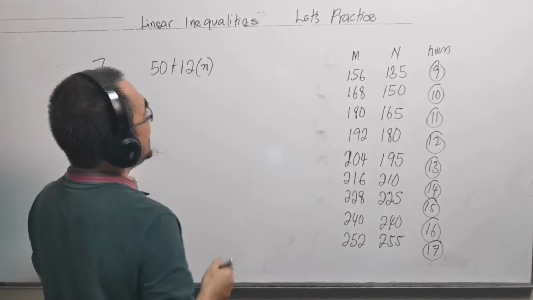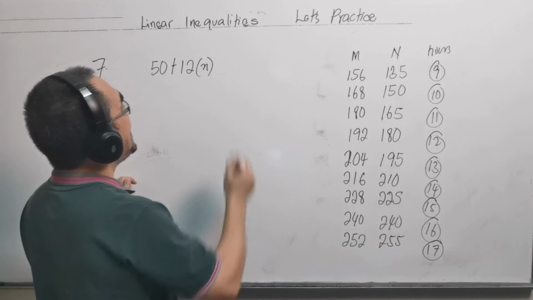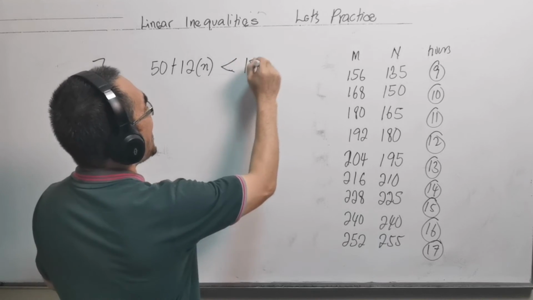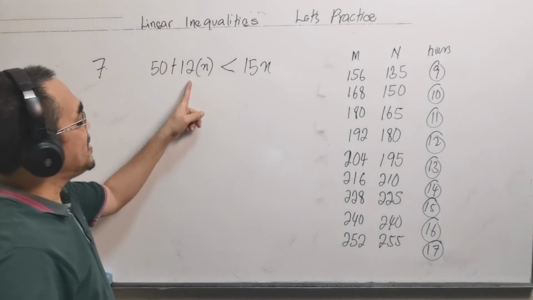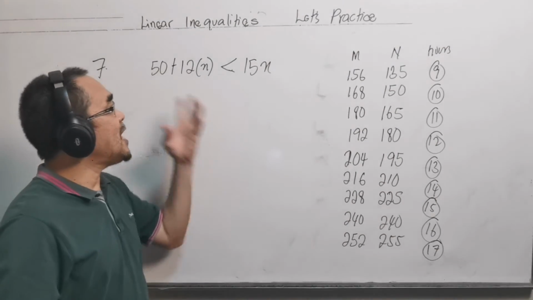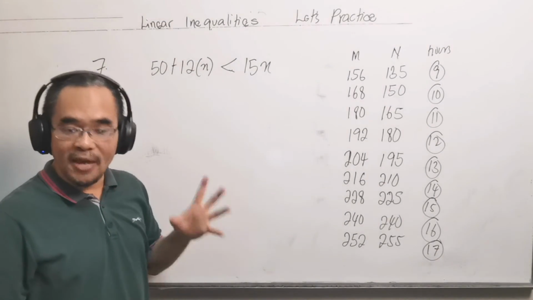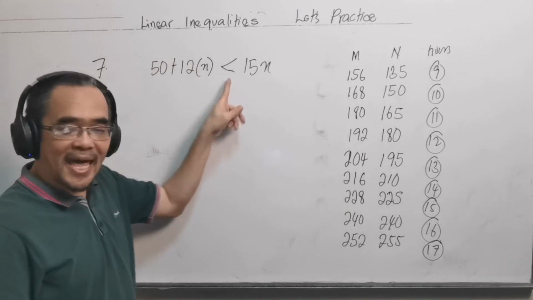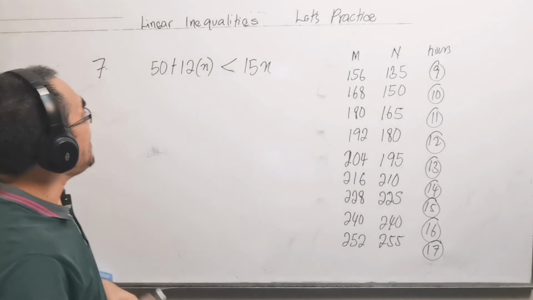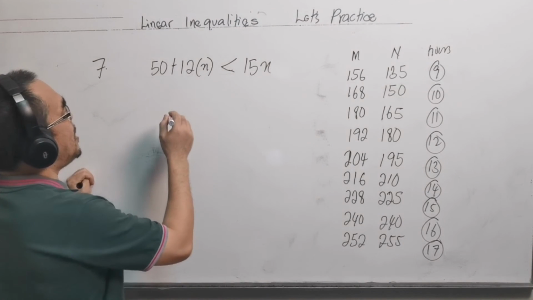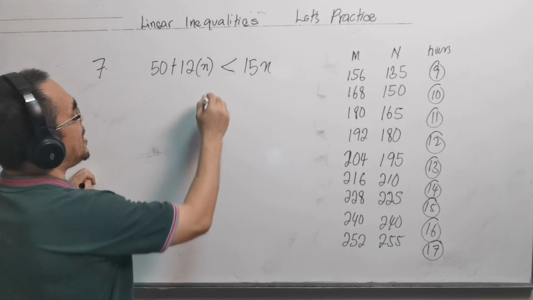We want this to be less than 15x. Do you understand why we say less than? Because we want to know after how many hours, which is the value of x, a member pays less than a non-member.